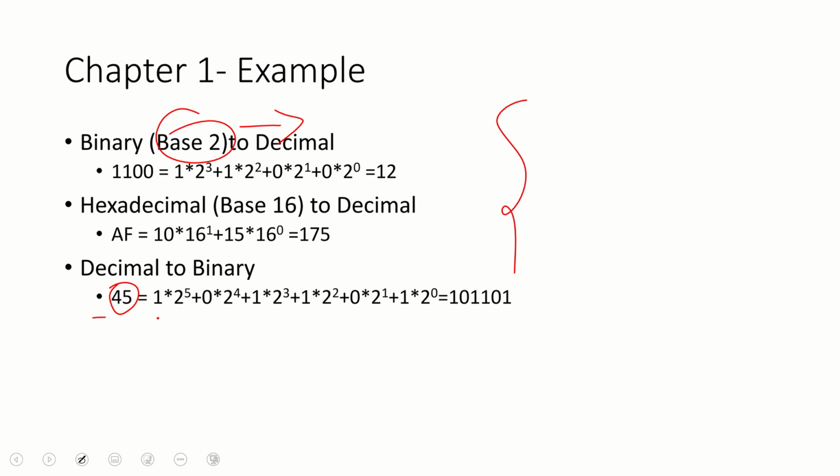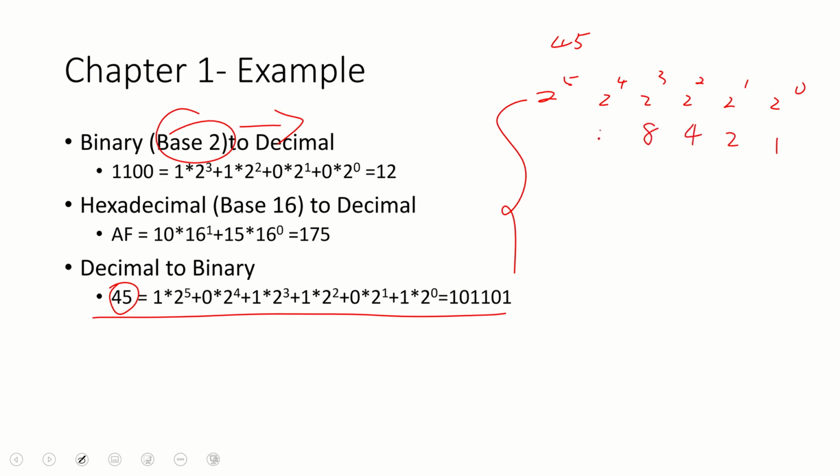Okay, so in this example, how can you do 45? Let's see, 2 to the power of 0, 1, 2, 3, 4, 5, 6: this is 1, 2, 4, 8, 16, 32, 64.